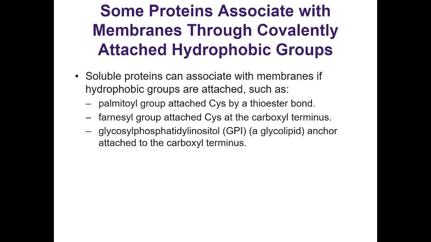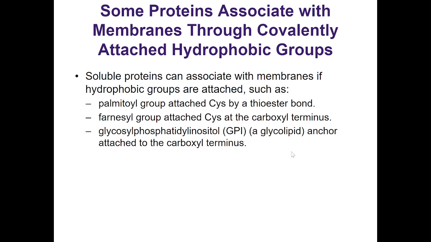The soluble proteins can be associated with membranes if hydrophobic groups are attached, like the palmitoyl group, which is attached Cys by a thioester bond, the farnesyl group, which is attached Cys at the carboxyl terminus, and the glycophosphatidylinositol, GPI, being the much easier one.